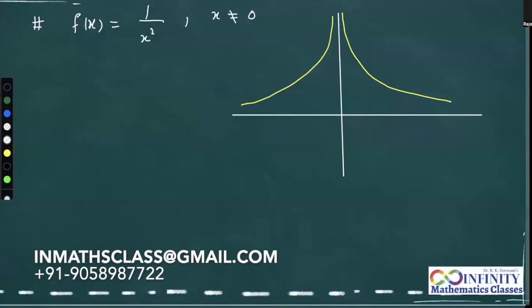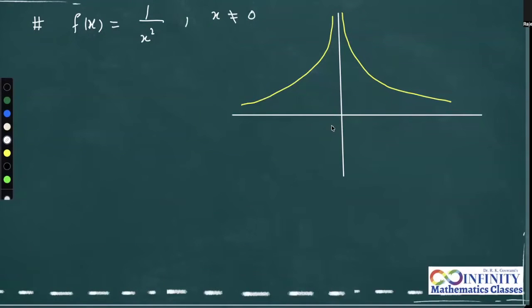Okay. So now, as I told you, this is the point x equals 0 for you. Whenever you find a point where the function is not defined, you try to take the right hand and the left hand limit at that point. Like I'm asking you, what is the limit as x tends to 0 plus of f(x)? That means I wish to approach 0 towards the right.